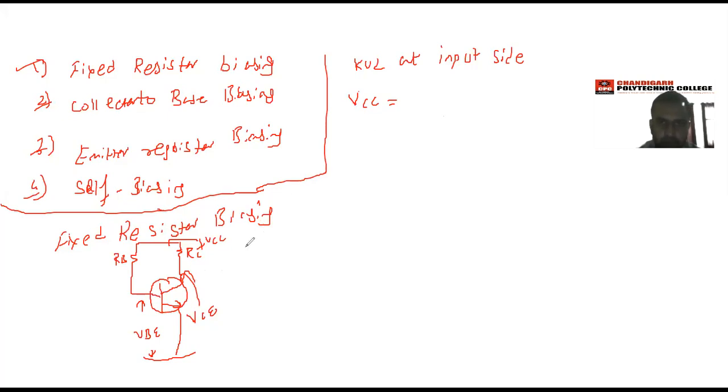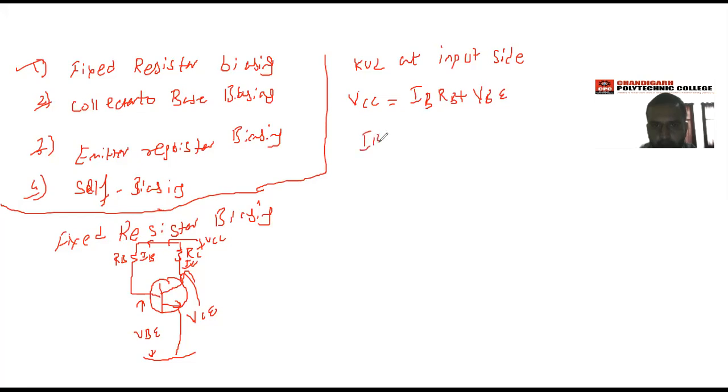This is your fixed resistor biasing. KVL at input side: VCC is equal to IB RB plus VBE. Here the current that flows is known as IB, and here IC. We can find the value of IB in the circuit. We can move VBE to this side.